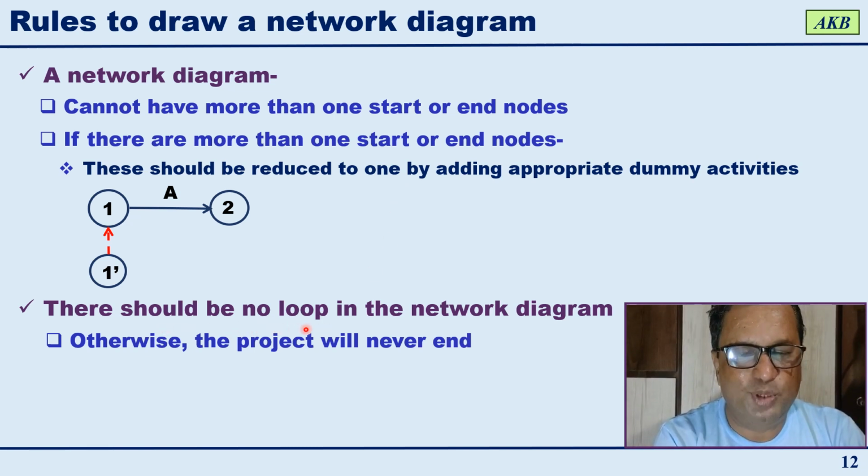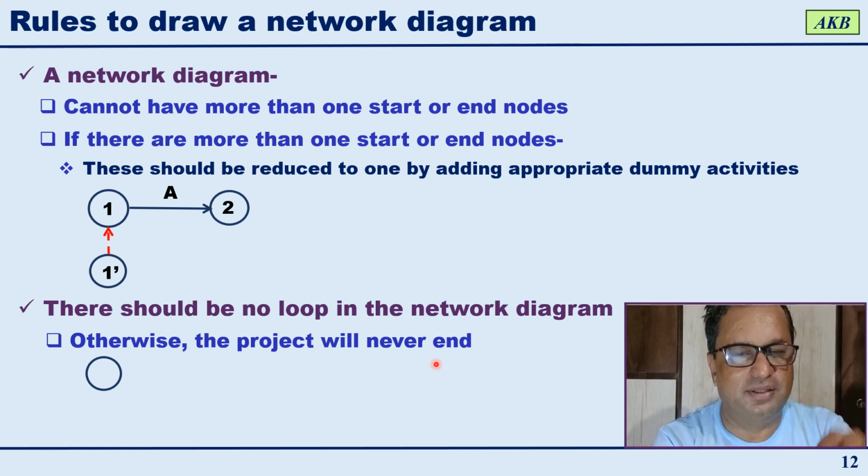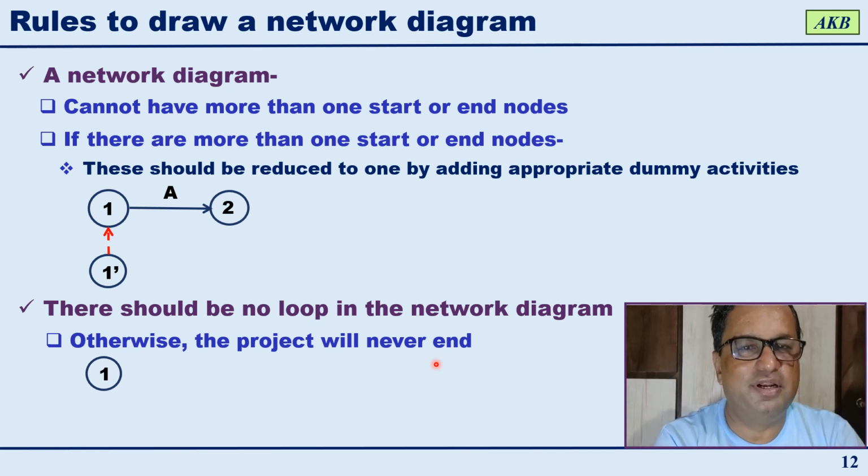Then there should be no loop in the network diagram. Again, this has to be followed. If you have a loop in the network diagram, what is going to happen? The project will never end. You'll just go on moving in the loop, and the project will never end.